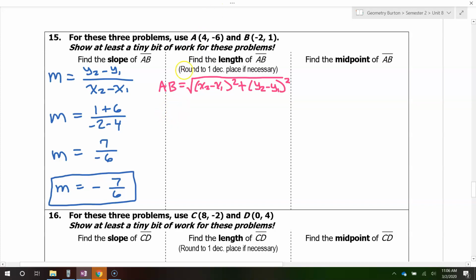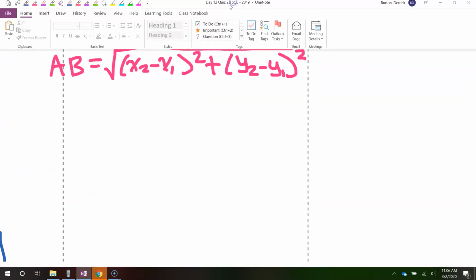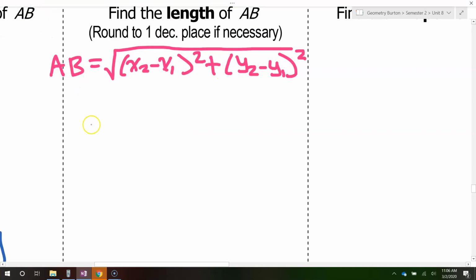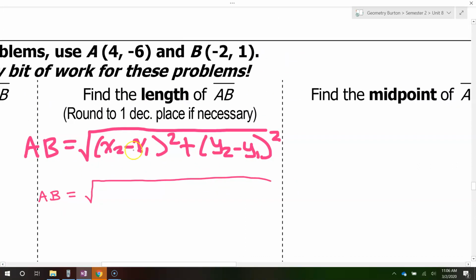I feel like I need to zoom in and change my ink size a little bit. Let me zoom in and use a finer point. Okay, so I am finding the distance between A and B, or the length of segment AB, whichever way you want to say it. So I'm going to do my x minus x.